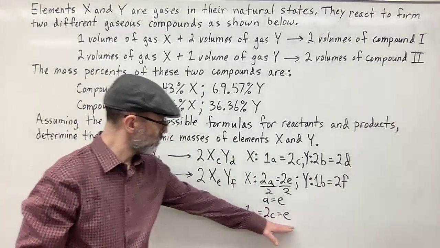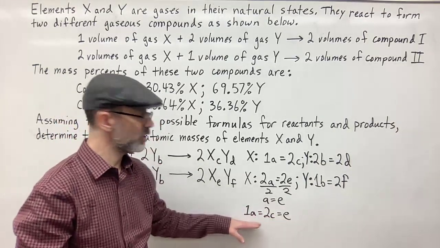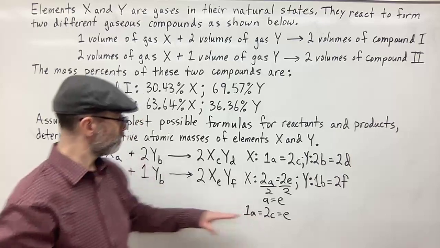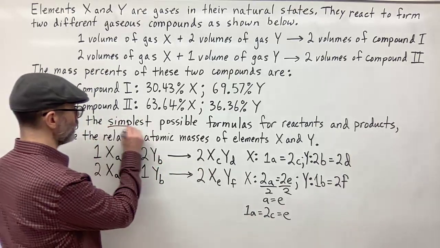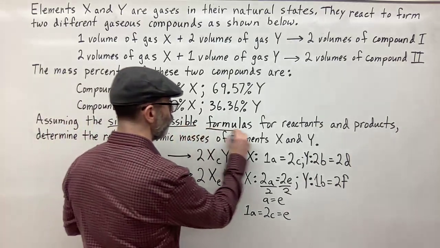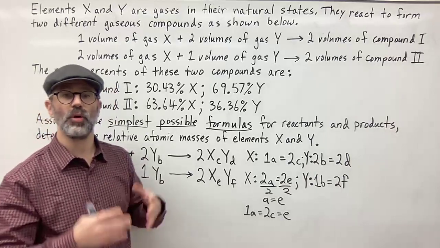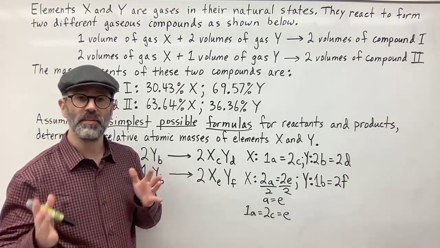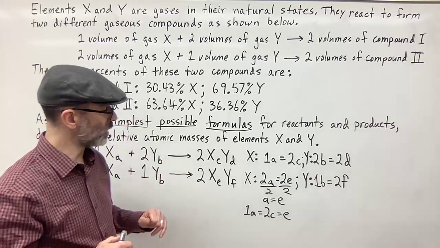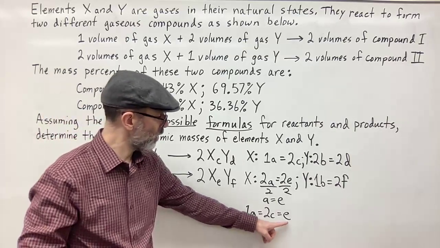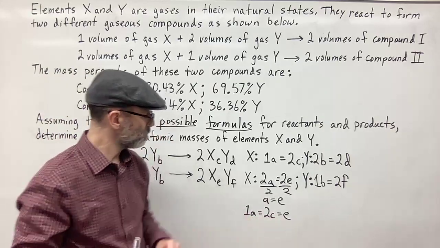So remember, these are the different subscripts for X. So we want the simplest possible formulas. Well, the simplest possible formulas is going to be where one of the subscripts has to be a 1, right? For the simplest possible subscripts. And we want the subscripts to be whole numbers, right?